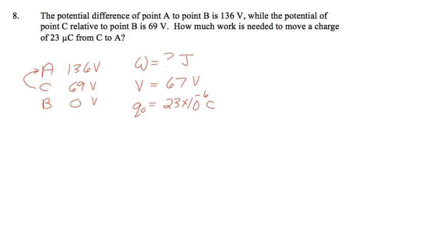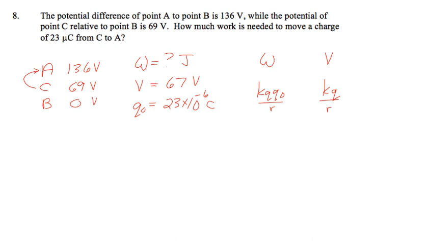So those are my facts, and they don't give me anything about R in the problem, so probably R is not needed. Now, since W is the unknown, I'm going to do it like I did the other one. I'm going to put W, and I'm going to put V, and W is KQQ0 over R, and V is KQ over R. So you can see both of them have R. Like if I had one that was R and one that was R squared, they would have to have given me R. But the only thing that's different between the two is the numerator.